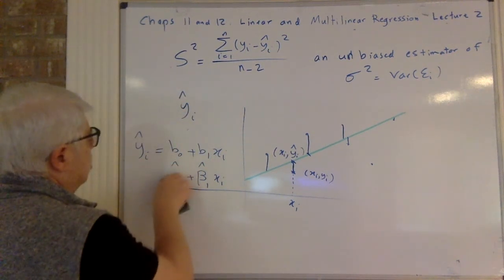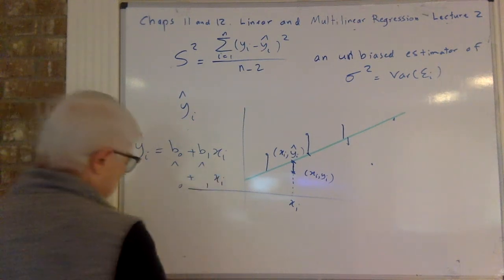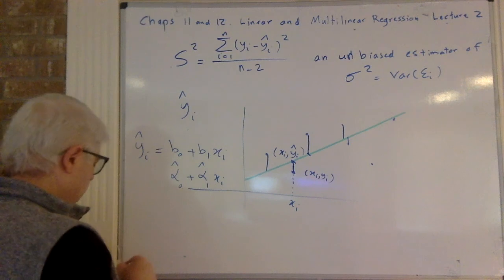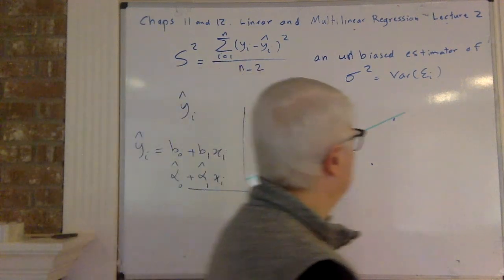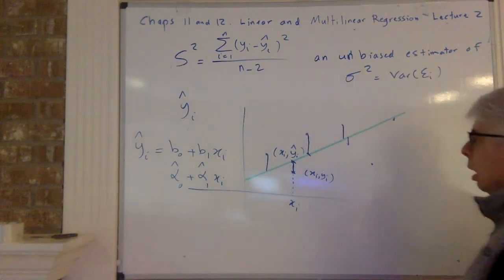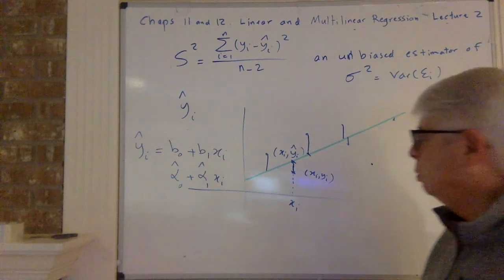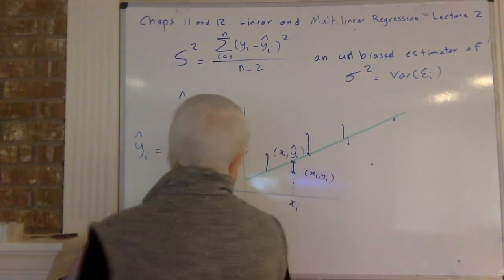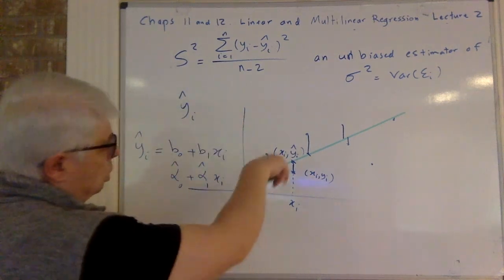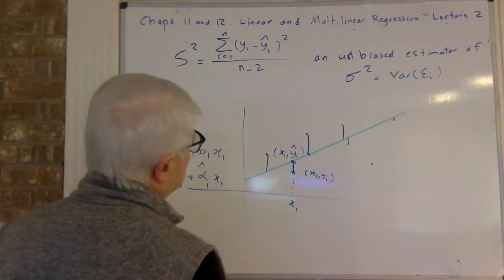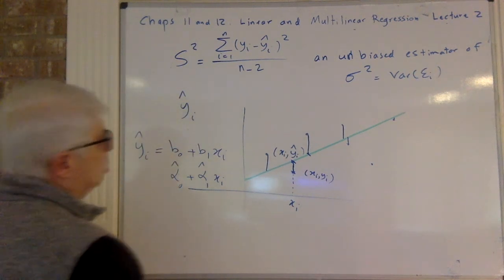That's like alpha 0 hat and alpha 1 hat. Anyway, the picture is more important than just writing out formulas. So that's what we found: take these differences, square them, and divide by n minus 2, and that is the best approximation to sigma squared.